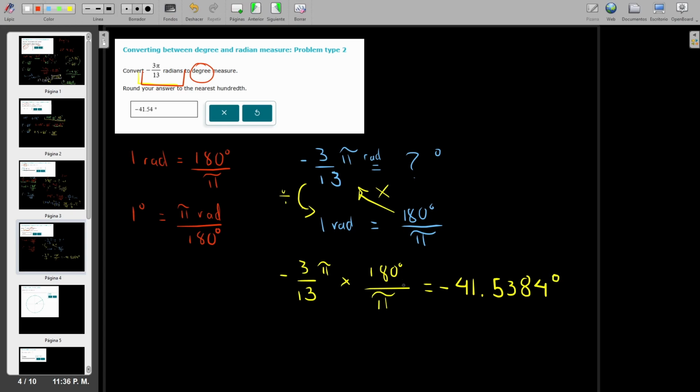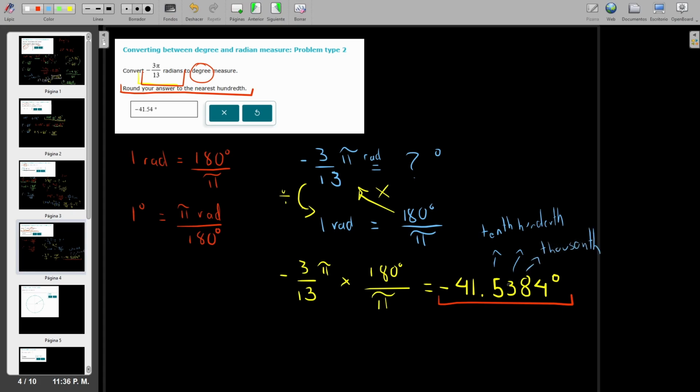But we need to pay attention to this thing. They ask us to round our answer to the nearest hundredth. Remember, the first decimal is the tenth, the next one is the hundredth, and the third one is the thousandth.